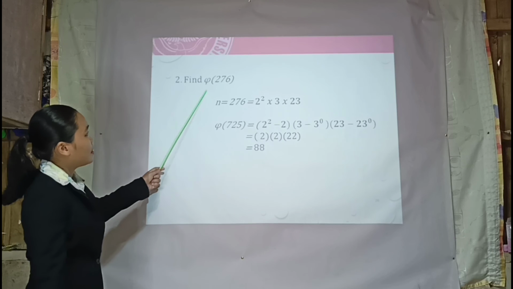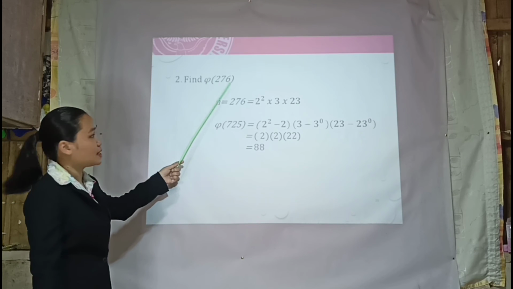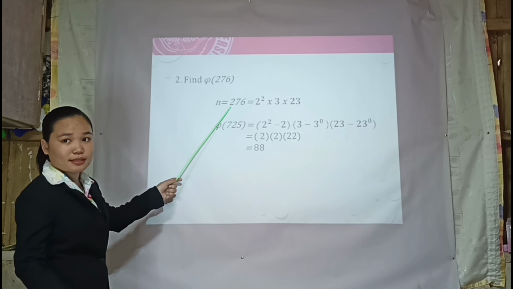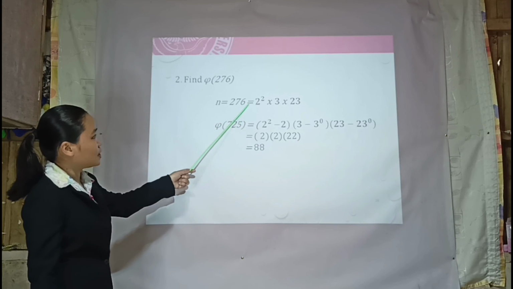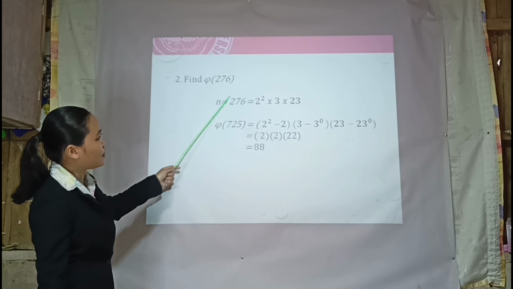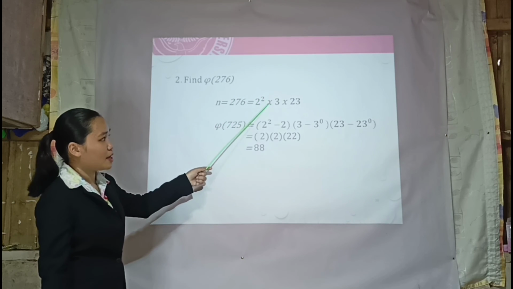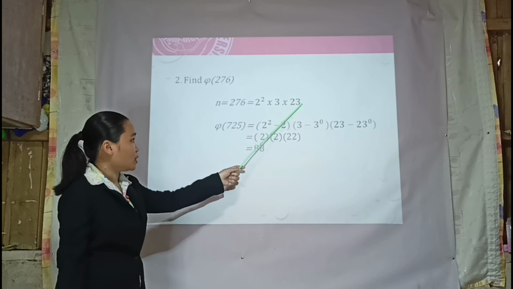Find phi of 276. So, our n here is 276, which is equal to, we will factor this 276. We have 2 squared times 3 times 23.